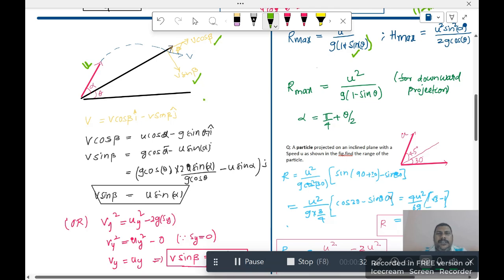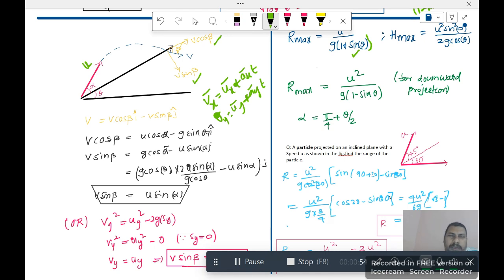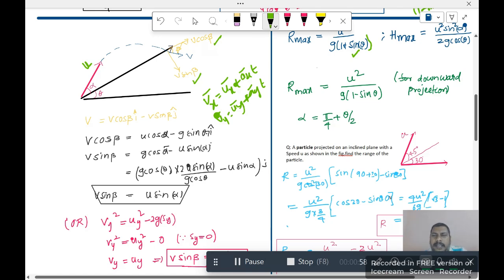The vx is equal to, according to the formula, ux plus ax into t. Similarly, vy is equal to uy plus ay into t. Because these are vectors, take the directions into account. So you can substitute minus g sin theta or minus g cos theta, and all of that, if you know that they are vectors, right?